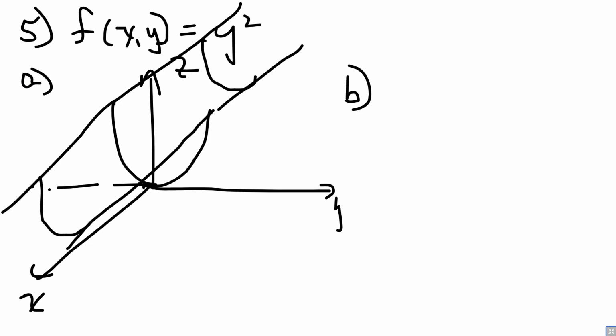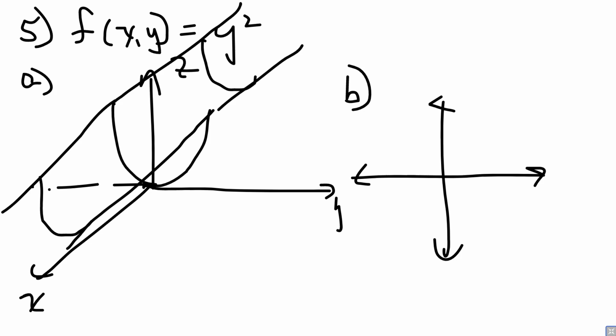And then part B is doing the level curves. That means I'm going to push it down into 2 dimensions. So if I push this down into the XY plane, at z equals 0, I'm just going to get a line that's going to look like this.